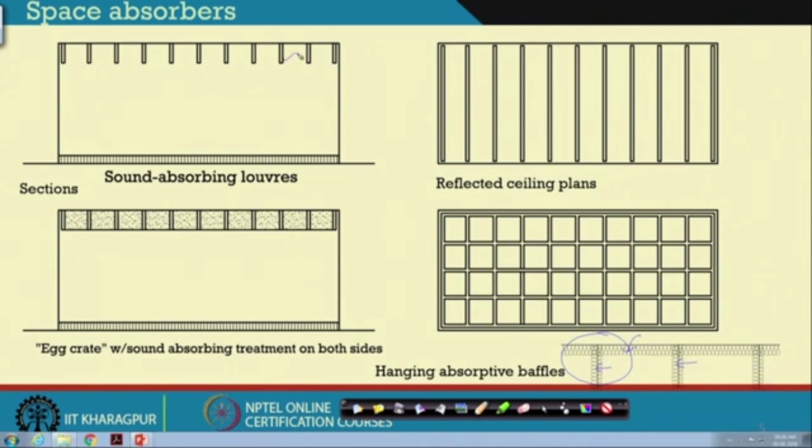You can further increase by creating an egg crate like ceiling arrangement. So, by increasing the number of wall surfaces, increasing the amount of absorptive surfaces, you are increasing the absorption capacity of the room.